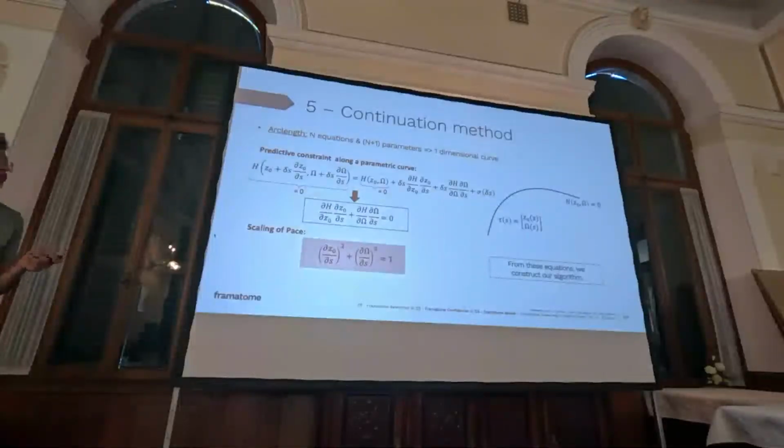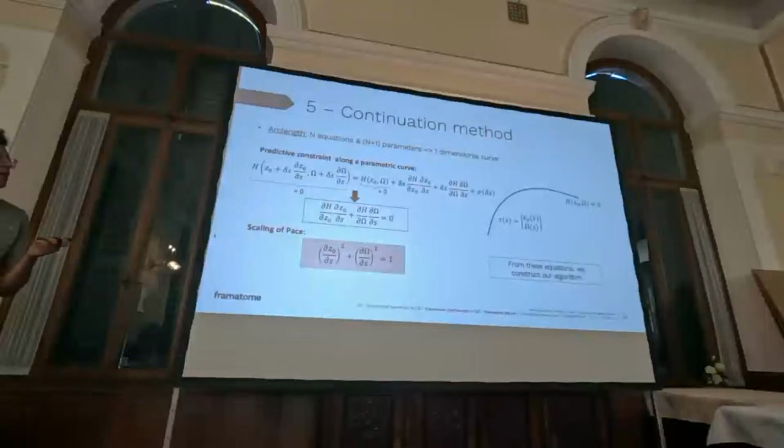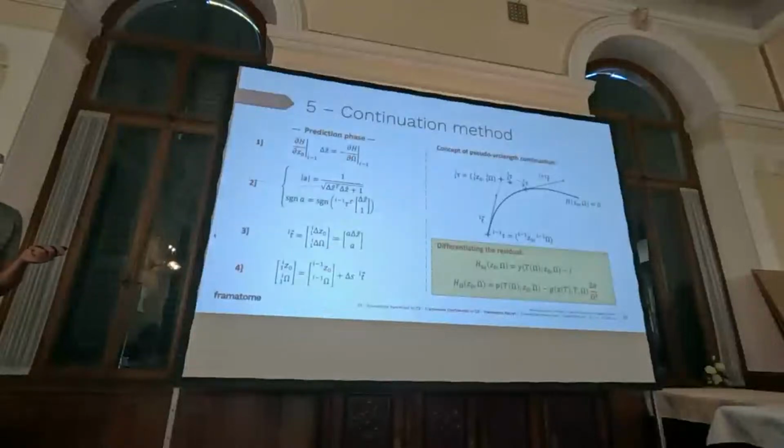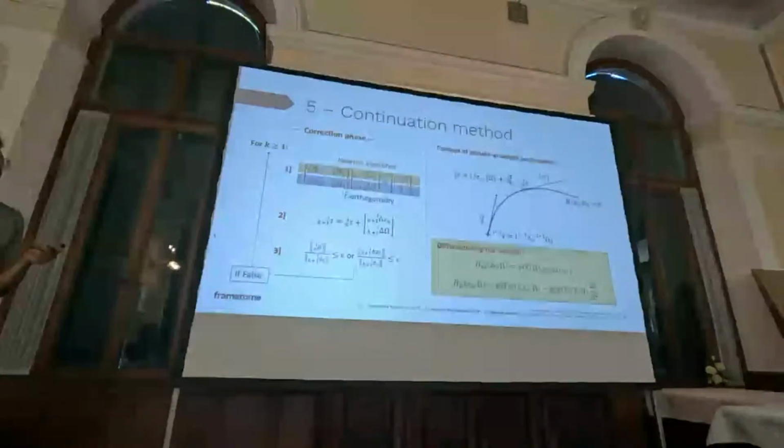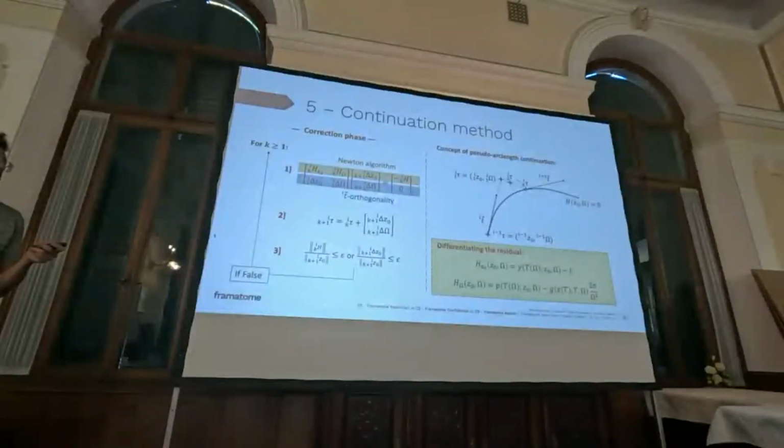And we have a scaling equation and a pacing equation. And we extract from it a scheme that has two phases: the prediction phase that goes through the tangent direction, and then the correction phase that goes through the orthogonal path, doing a Newton algorithm until reaching the 0 point of h.